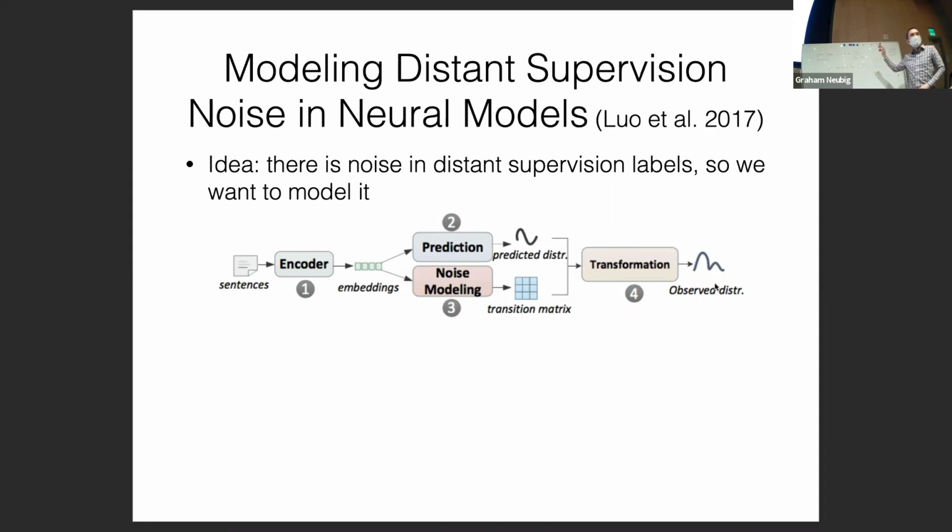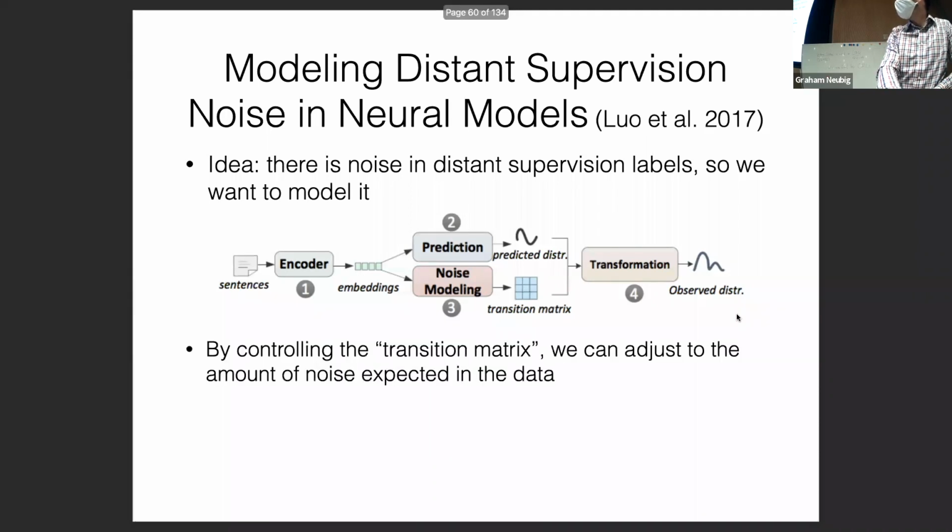So if your model predicts employed by, it might actually not be employed by some of the time. So you downweight the probability of employed by, or if you predict employed by and president of and director of, it will say, now I'm more confident in employed by because it's predicting these multiple instances here. So by jointly learning the clean predictor and the noise distribution, you can handle this noise.